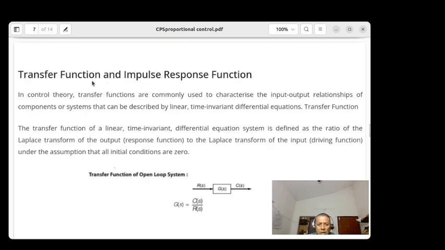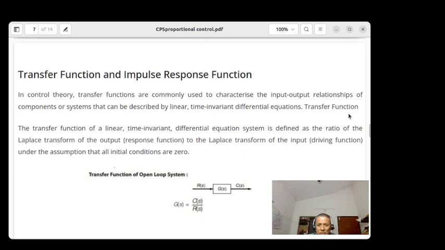Again, now we can see what the transfer function is. In control theory, transfer functions are commonly used to characterize the input-output relationship of components or systems that can be described by linear time invariant systems.